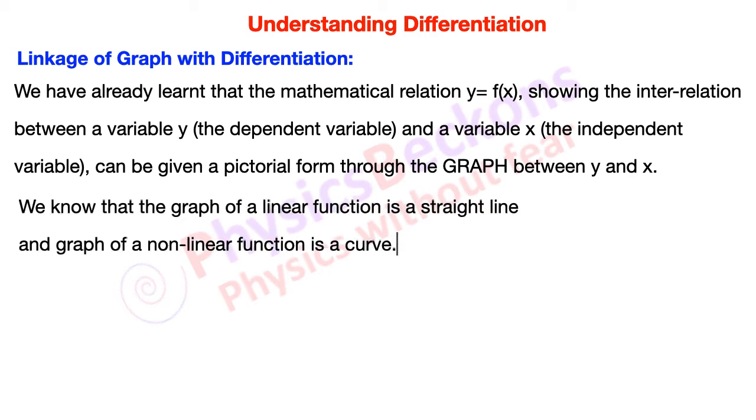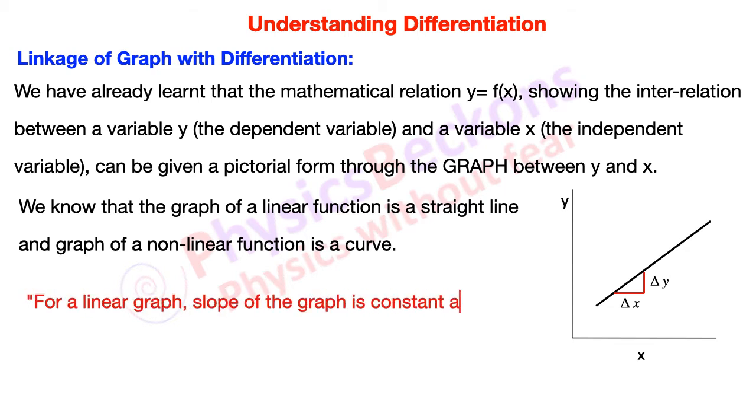If the graph is linear, we get a straight line, and if the graph is non-linear, we always get the graph as a curve. Here y has been plotted against x. The shape of the graph is a straight line, which shows that the graph is that of a linear function.